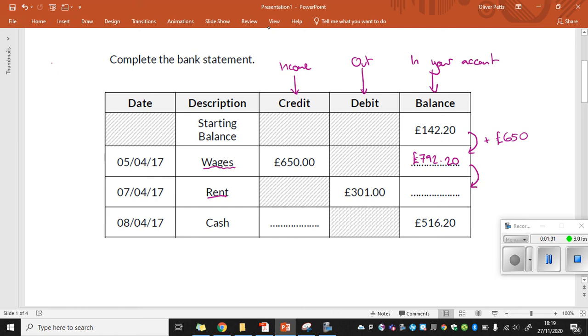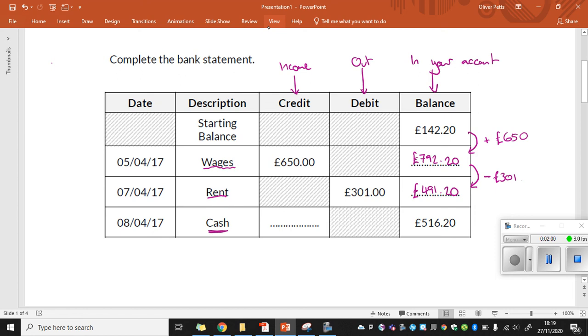So to work out the next amount of money for your bank balance, we would have to subtract £301 from £792.20. And if you work that out, that's going to take us down to £491.20.